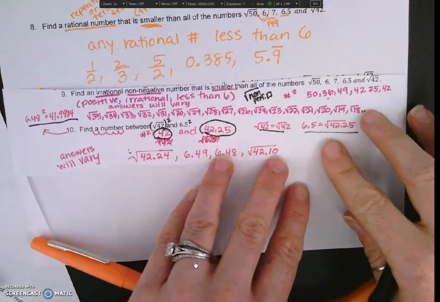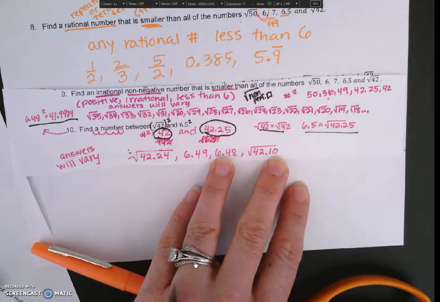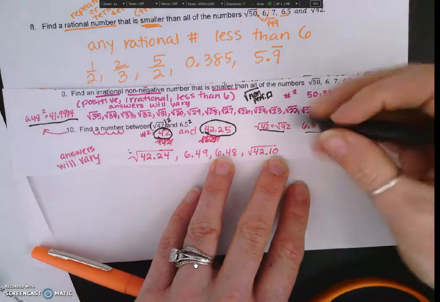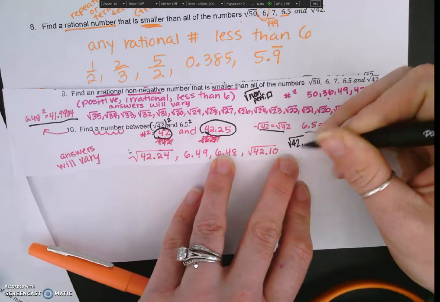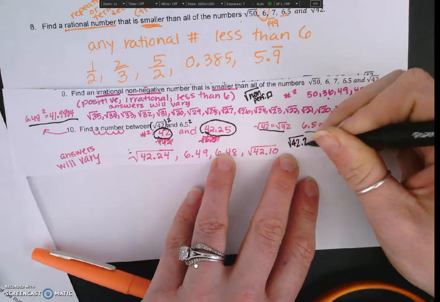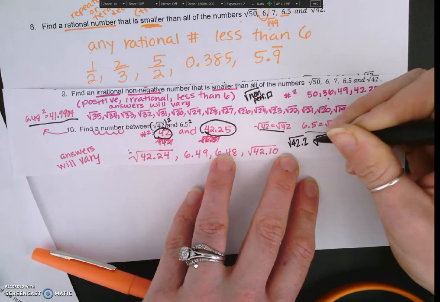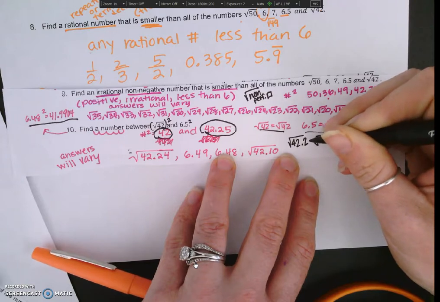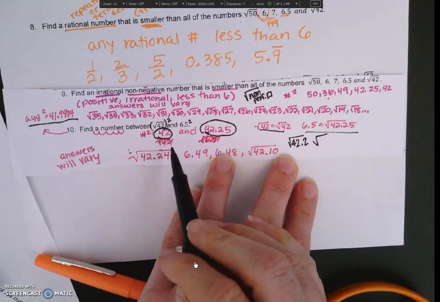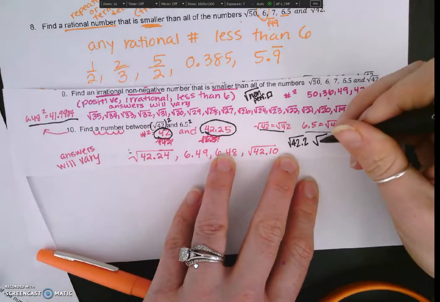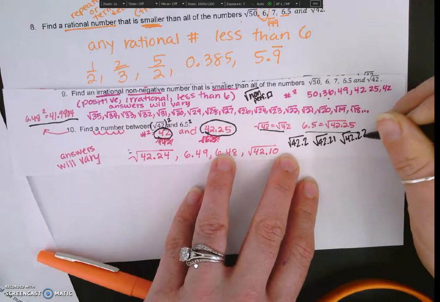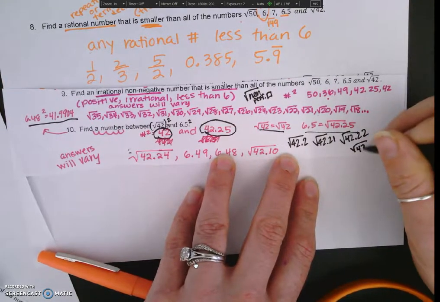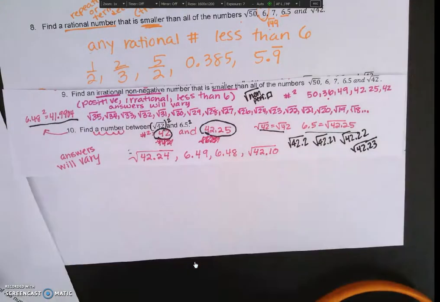Break up these radicals into, it's between 42 and 0.25, so 42.0, 42.1 I have, 42.2, and if I think about 42.25 being my endpoint, 42.21, 42.22, 42.23, numbers that are in between them.